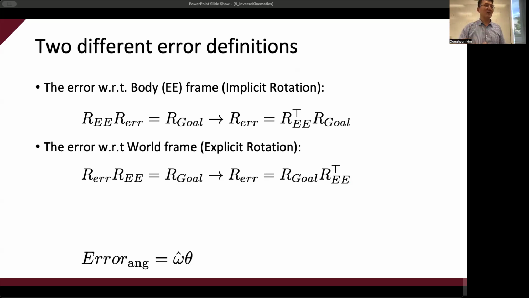Adding the error actually determines how you describe the error. If it is integrated by multiplying behind the current orientation, that means I'm defining the error in the local frame. So the error definition is going to be this, R transpose R goal. If I define the error in the global frame, then it's going to be something like this: the error is defined by R goal times R end effector transpose.